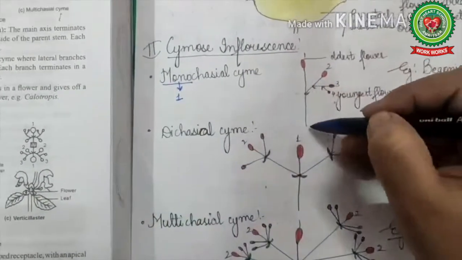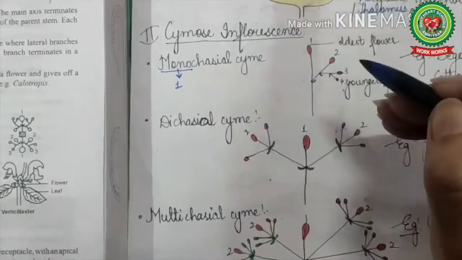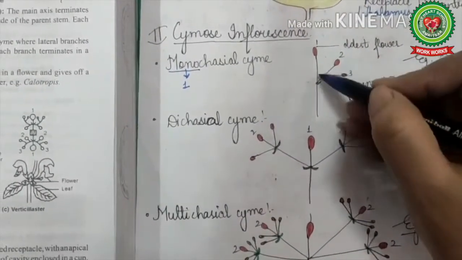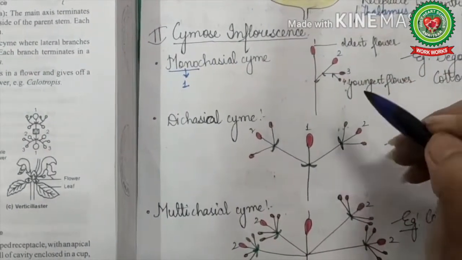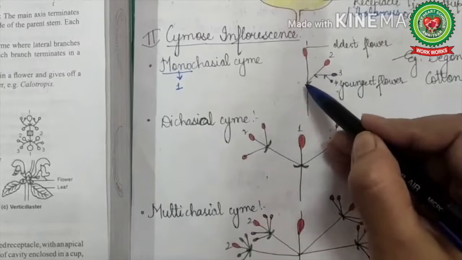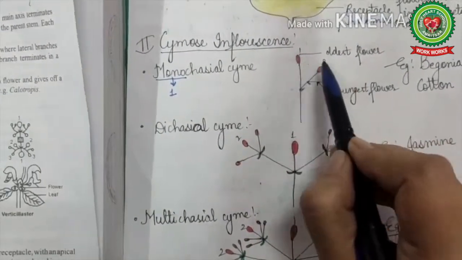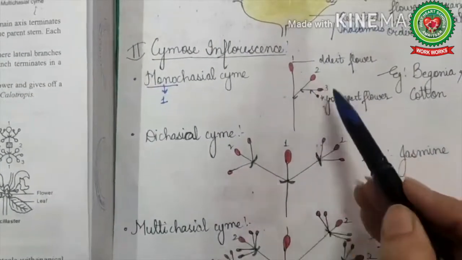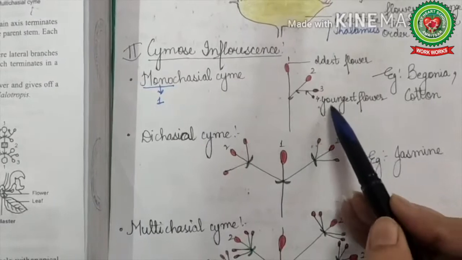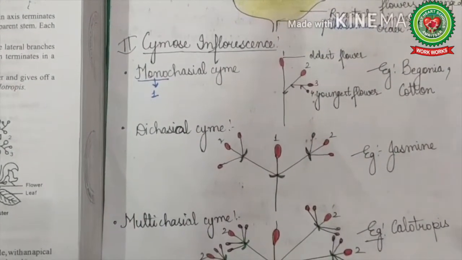So here we can see the main axis terminates in a flower, and young branches come off from one side of the parent stem, and each lateral stem, or branch, ends in a flower. I've arranged them as 1, 2, 3, 4. The first one is labeled as the oldest flower, and the one near the base is labeled as the youngest flower. Examples are begonia and cotton.